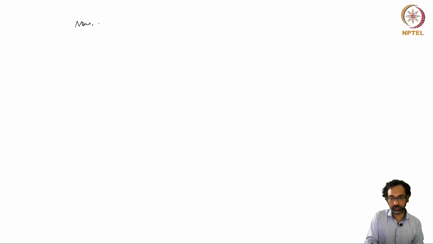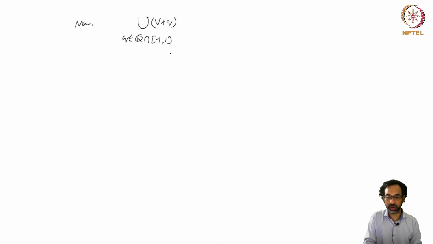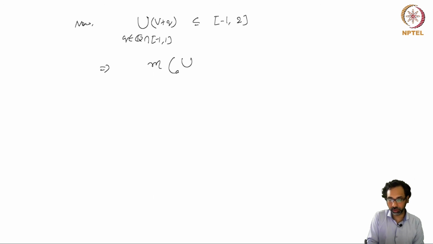Now note that the union of V plus q, when q ranges over the rationals between -1 and 1, is a subset of the interval [-1, 2]. So this implies that the measure of this union, this is a countable union because it's a union over rationals in [-1, 1], is bounded above by 3.